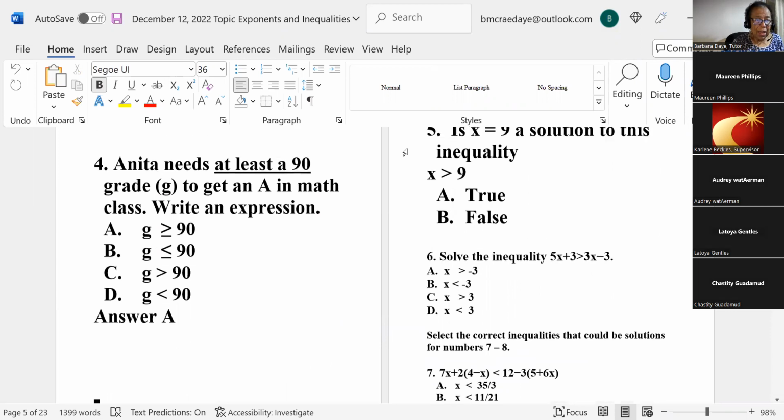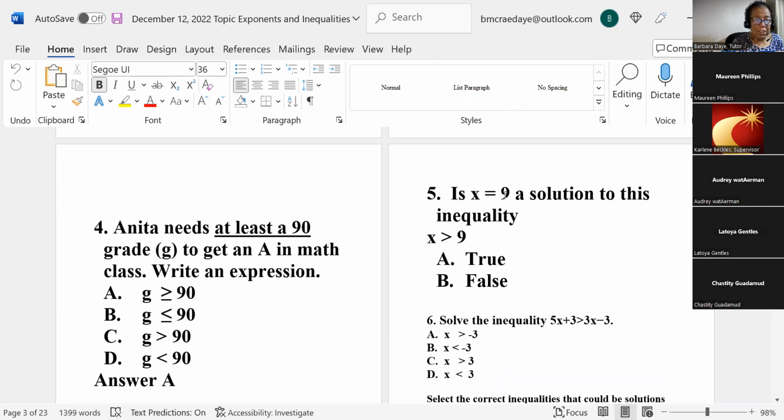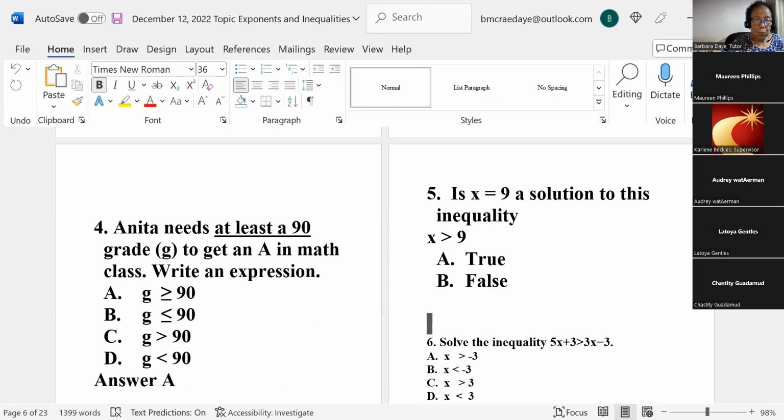Maureen, number 5. Is X equal to 9 a solution to this inequality, X greater than 9? Is that true or false, Maureen? Is X equal to 9 a solution to the inequality X greater than 9?